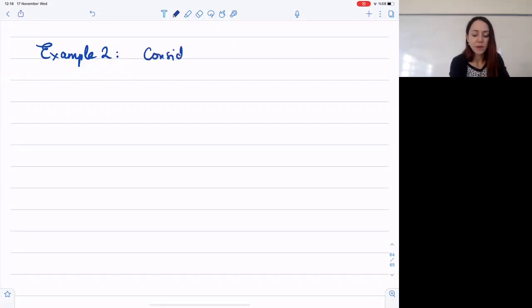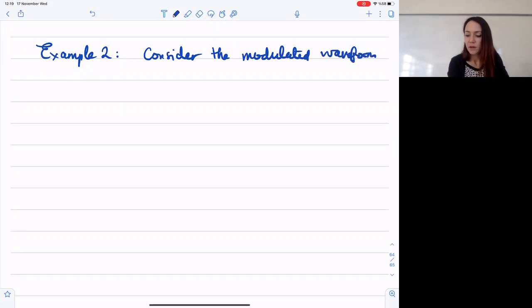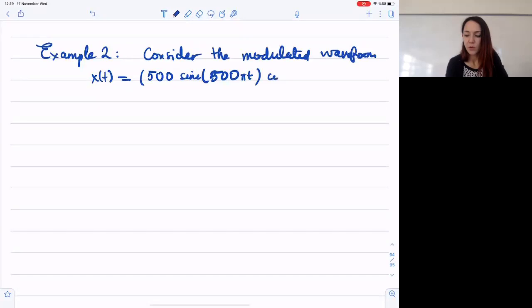Consider the modulated waveform x of t equals 500 sinc(500 pi t) times cosine(5,500 pi t).